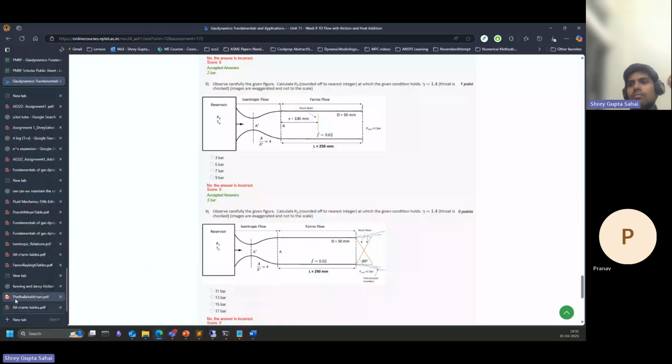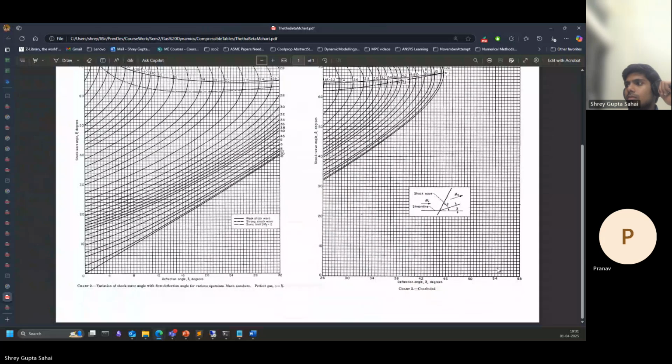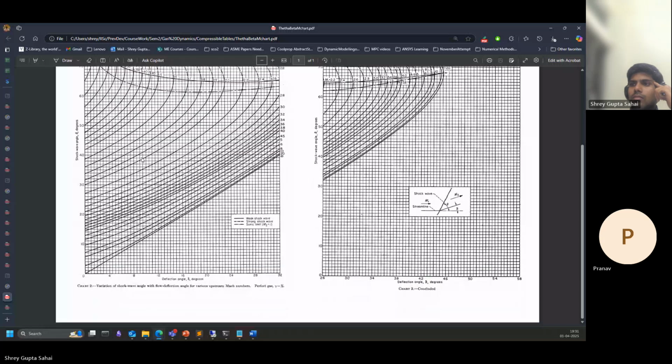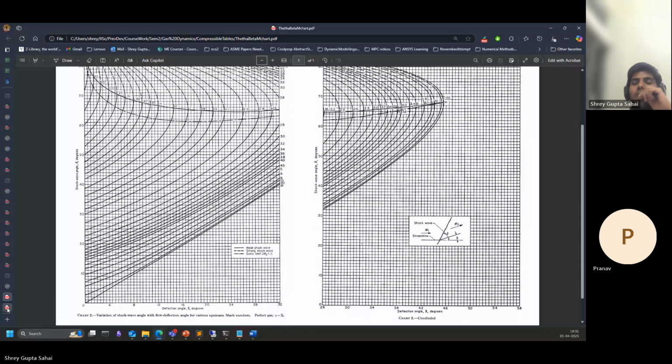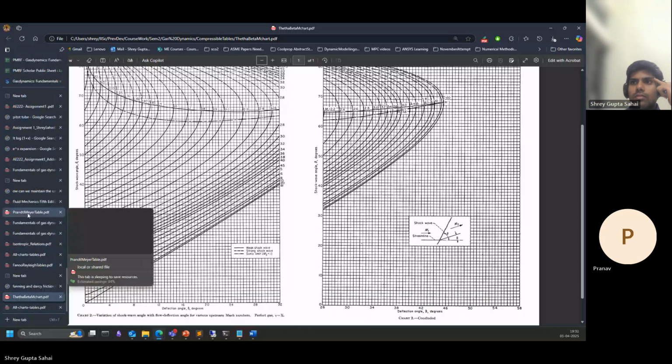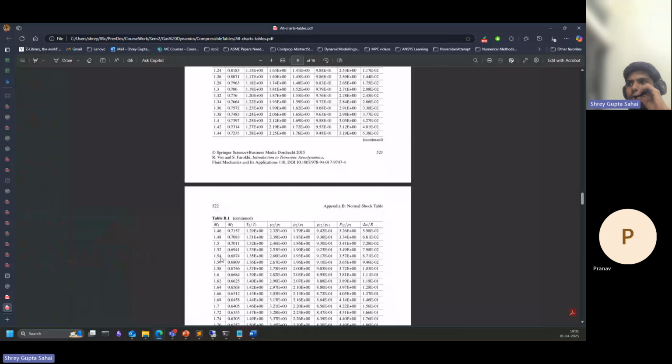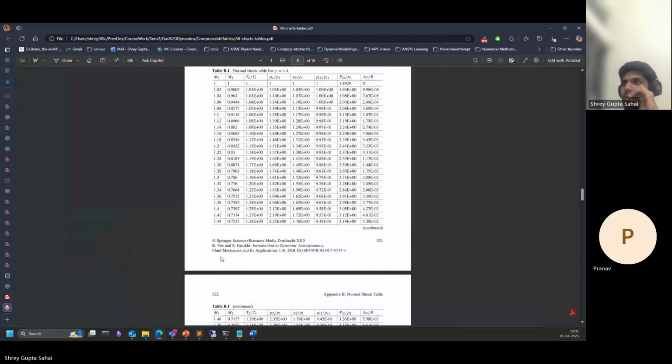Wait, because even then... 1.4. What pressure value did you calculate?